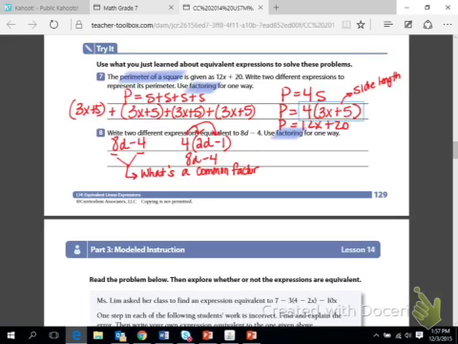If I have 4 times 2d minus 1, then that is the same thing as taking 2d minus 1 and adding it 4 times. I now have two equivalent expressions for 8d minus 4.